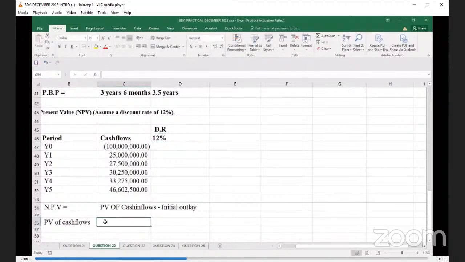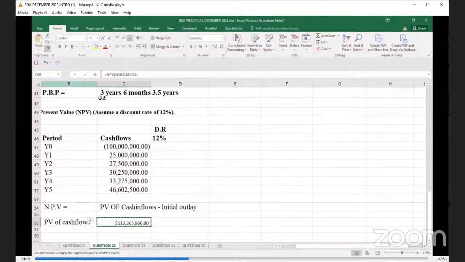Or literally, we can just use the NPV function. In this case, I have our rate which is 12%, comma, then our values. Consider our cash flows. I can literally have it at that point.